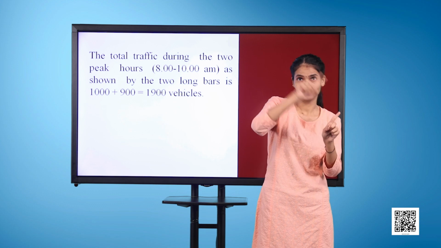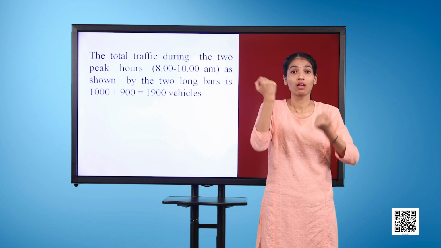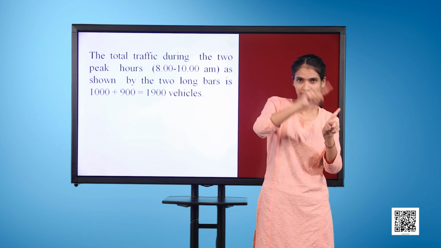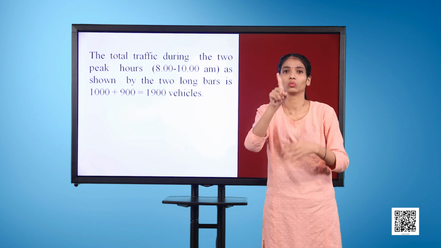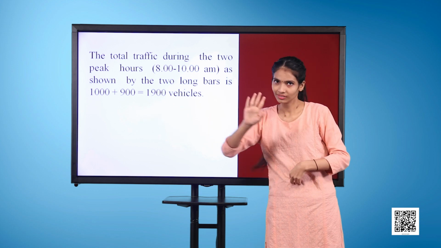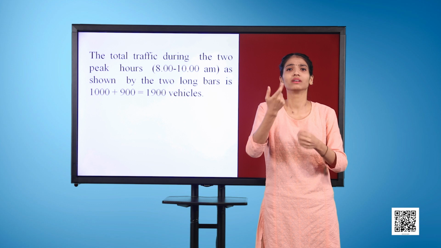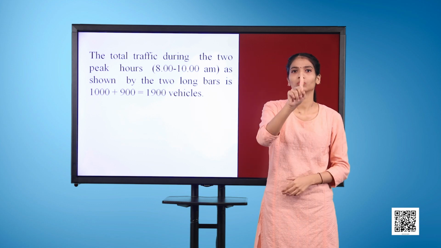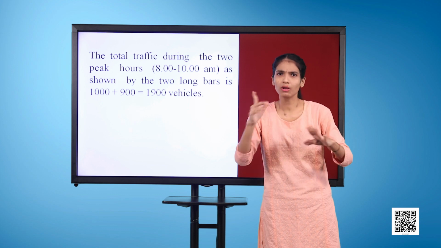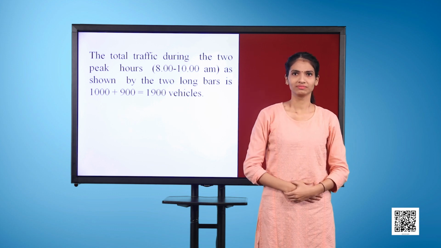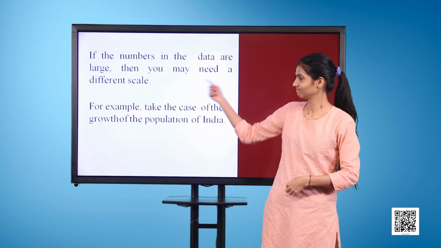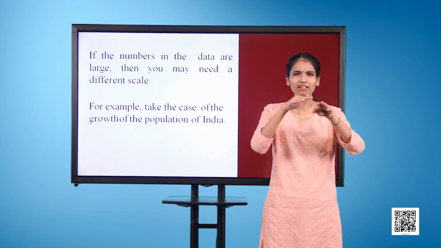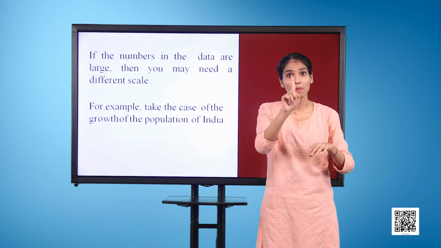The total traffic during the 2 peak hours, that is 8 to 10 a.m., as shown by the 2 long bars is 1000 plus 900 equal to 1900 vehicles. If the numbers in the data are large, then you may need a different scale.